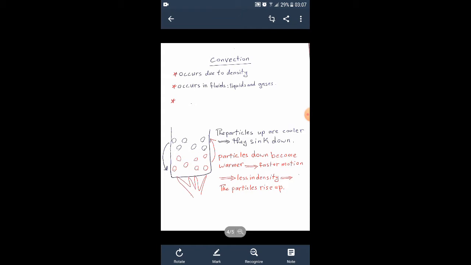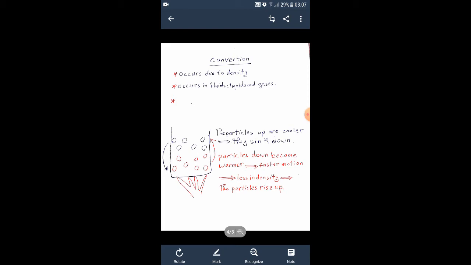The warmer particles will rise up, cooler particles sink down. The cooler particles, when they sink down, will become warmer. They will rise up again. The upper particles, when they go up, will become cooler. They will sink down.